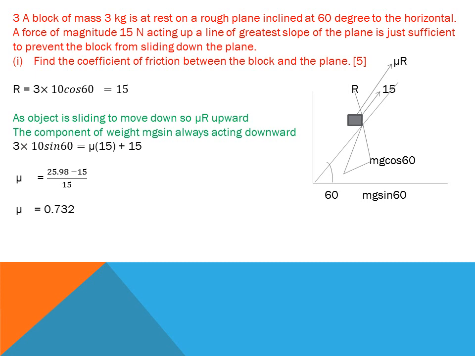From here we conclude that the friction force is upward, because when the force of 15 Newton is removed, the body will move downwards. It means the friction force is upward. Friction force is always against the motion of the body.